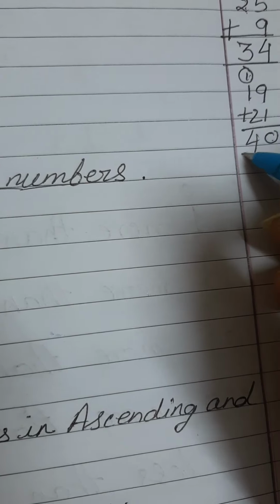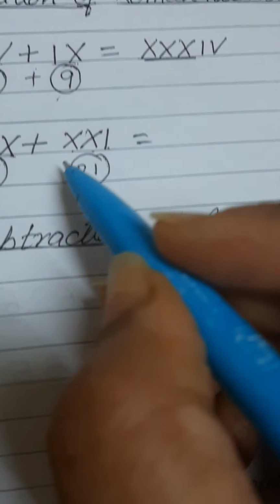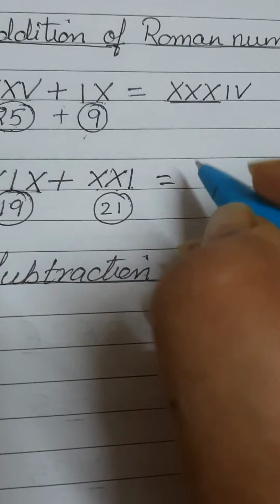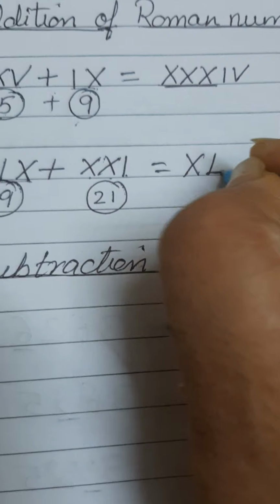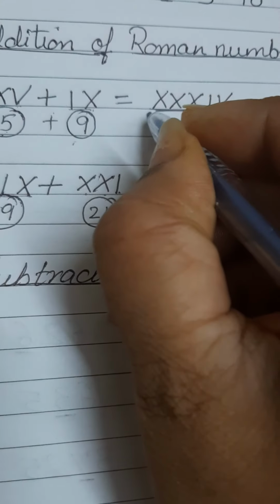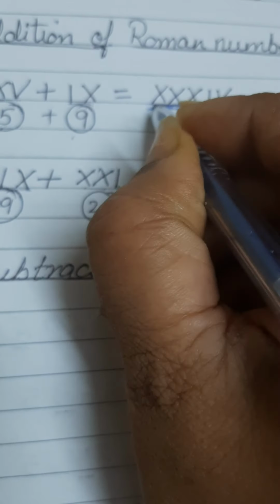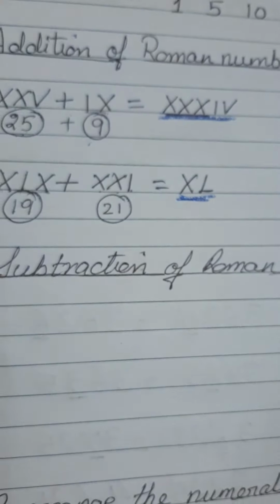So we got the answer 40. And here we will write down the answer in Roman number, that is number 40, XL. So this will be your answer. And it should be given in Roman numbers whenever it is asked.